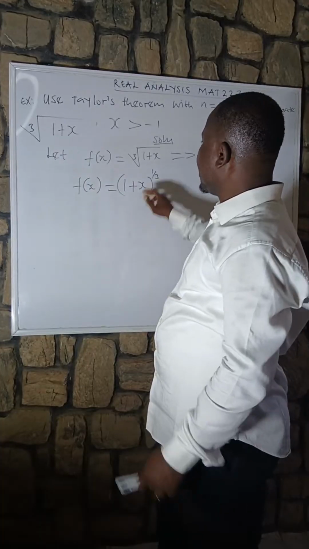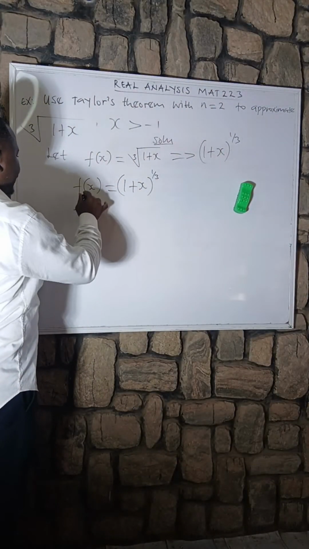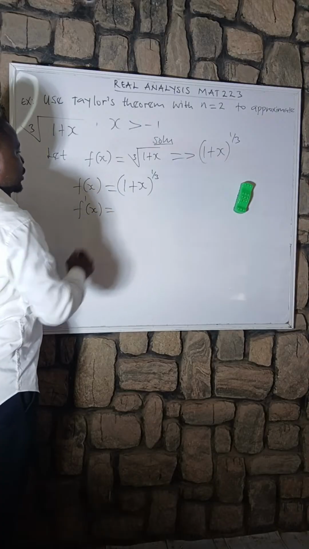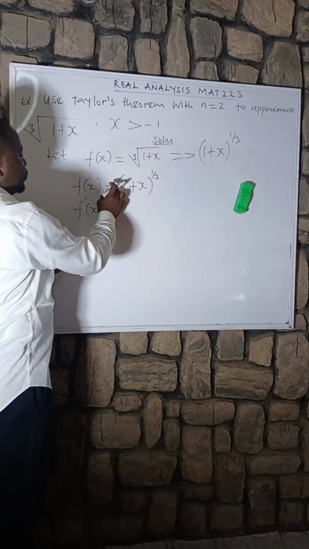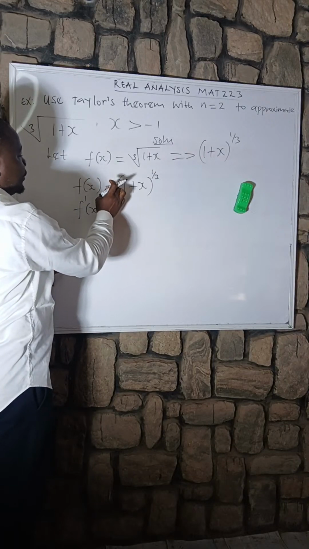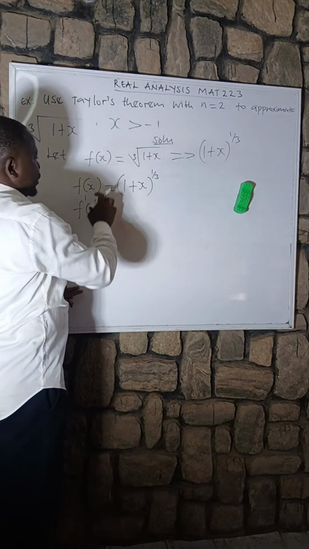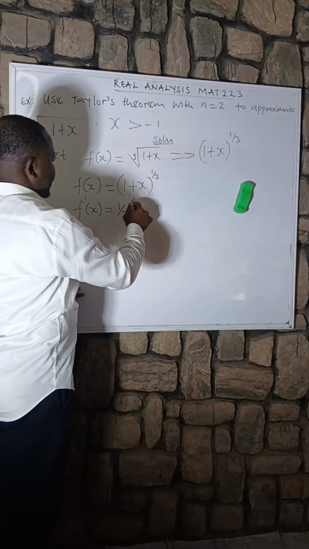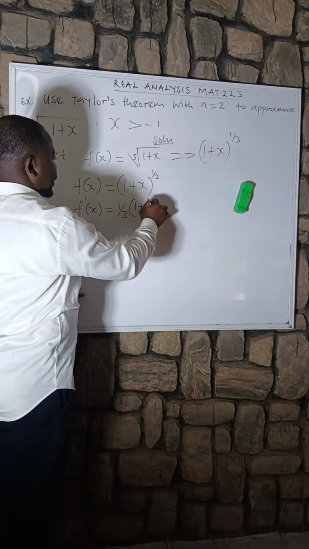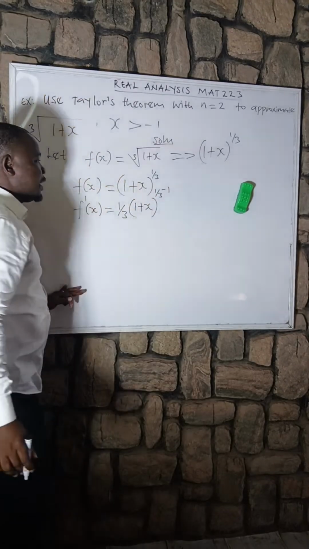It means our f prime of x will be equal to, what is there? 1 all over 3 multiplied by whatever is there. We have an invisible 1 here. So here will be 1 all over 3, open brackets, 1 plus x raised to the power of 1 all over 3 minus 1, right?